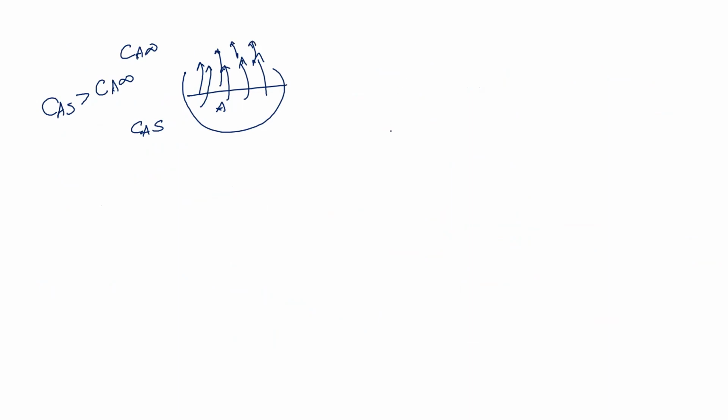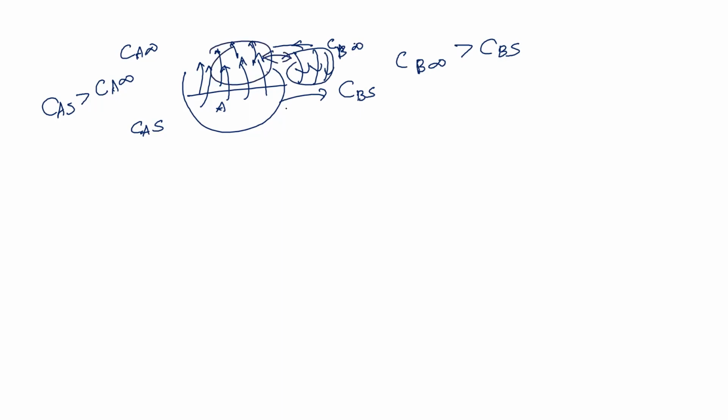If it is species B, which is maybe the air, then Cb infinity is very much higher than Cbs, so there will be another flux in the opposite direction. Both of them together will exist, and they are called the bulk motion.